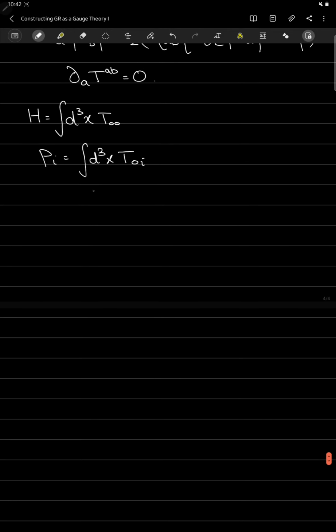That just means that if I take the time derivative of H, I get 0, and if I take the time derivative of π, I also get 0.